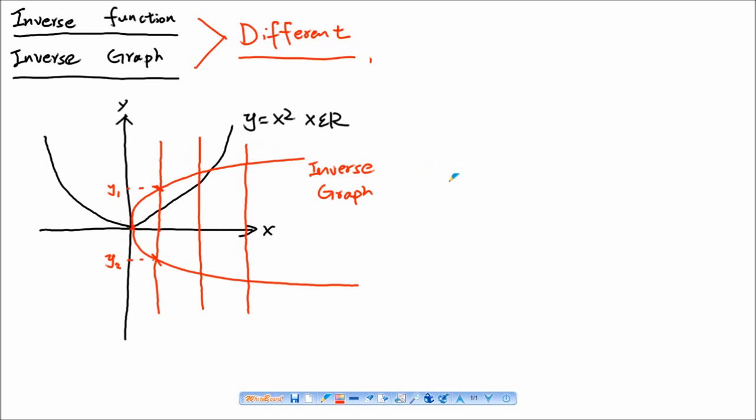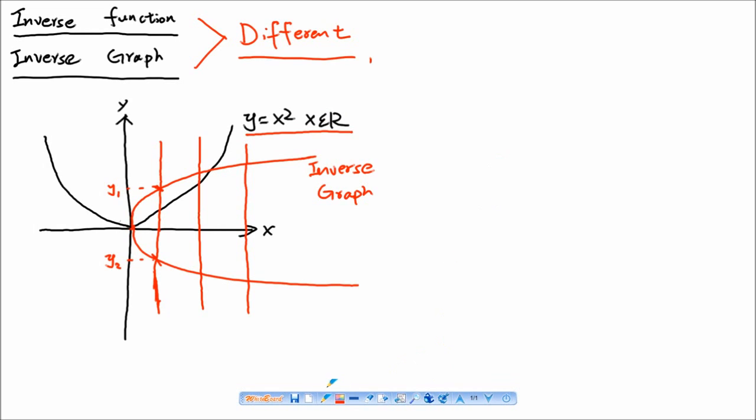So I did how to determine whether a graph is a function in the tutorial before. If you're not familiar with that, please watch them again. Here we found the inverse graph of y equals x squared, with the domain x belongs to R, is not a function.